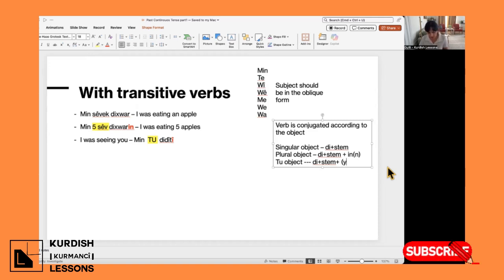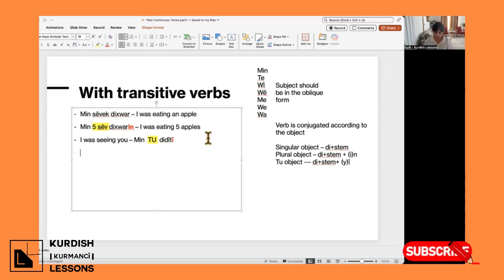Okay, so depending on the verb. So the same thing, I will put e in the brackets. No, pardon. Not e. Okay. So min to dt.